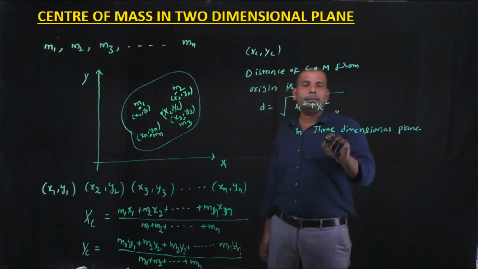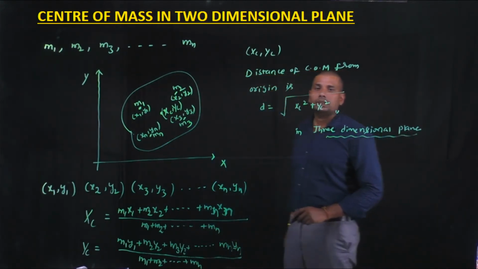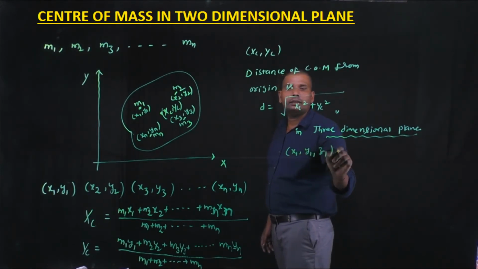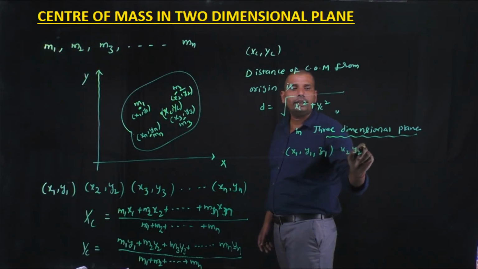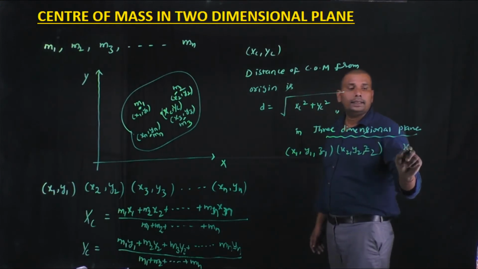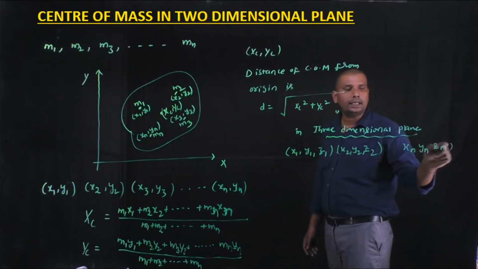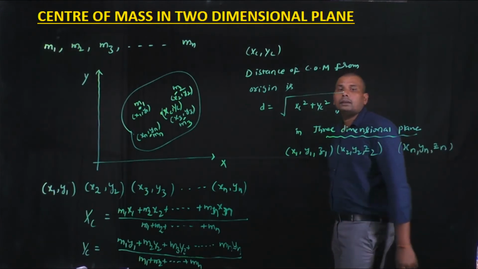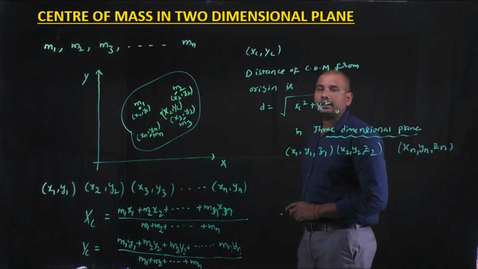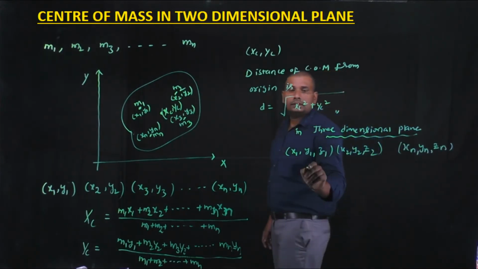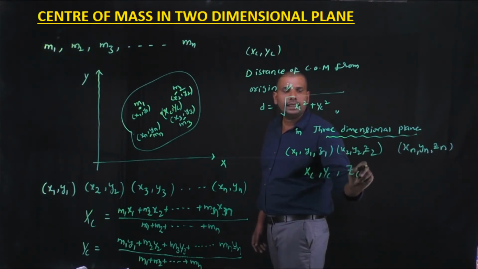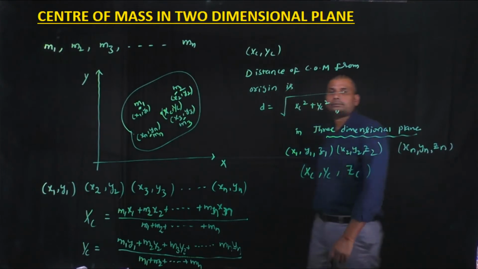In the three-dimensional plane for those masses the coordinates are x1 comma y1 comma z1 and x2 y2 z2, and so on xn yn zn. These are the coordinates of the particles of an object when it is in three-dimensional plane. Okay, and the position of the center of mass in three-dimensional plane is xc comma yc comma zc.